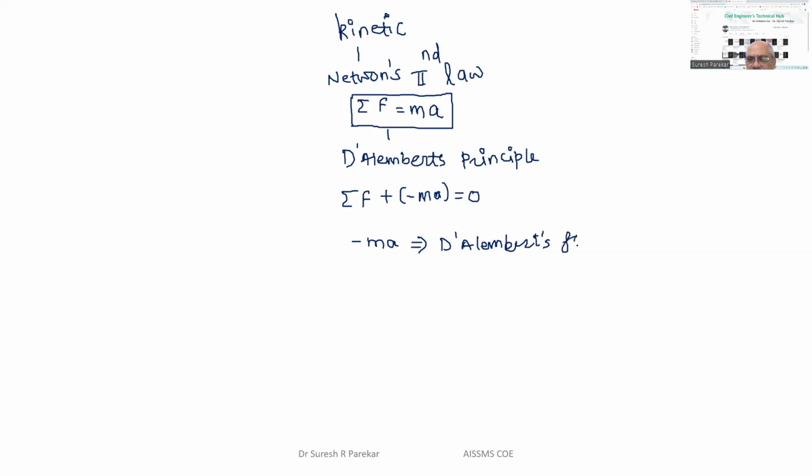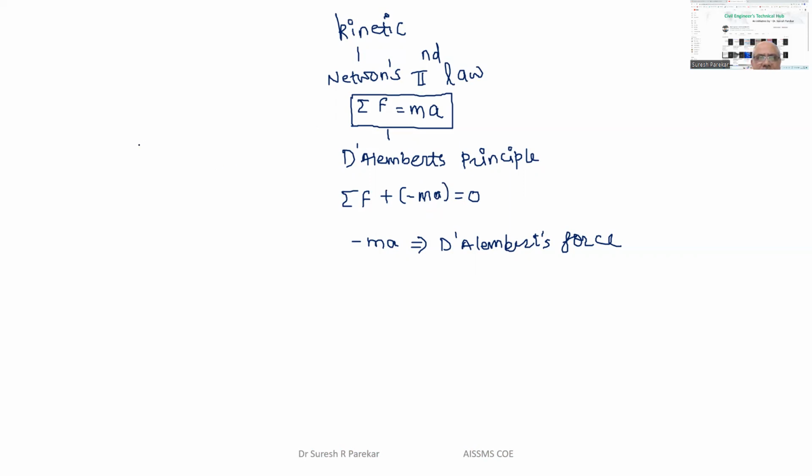It means that if you apply mass into acceleration in the opposite direction of motion to the body, then at that instant your body is in equilibrium, and that is known as dynamic equilibrium.